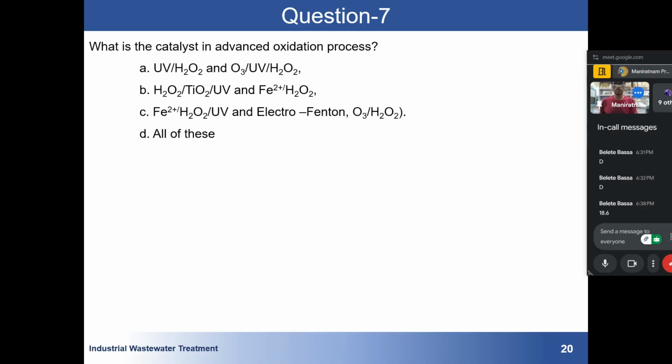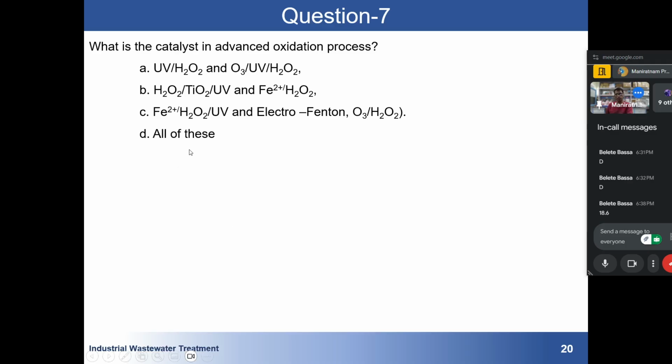Then the other question: what is the catalyst in the advanced oxidation process? Catalyst means that compound which increases the rate of reaction. In advanced oxidation process, we know that we have to produce OH radicals.